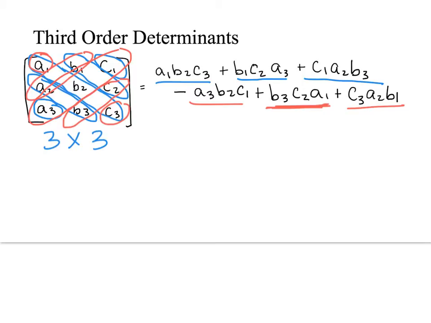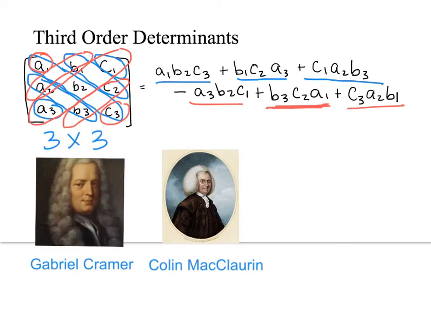Imagine the creativity of the mathematicians that discovered Cramer's rule, to be able to see the patterns in the products of the diagonals and to subtract those products to find constants that then could be used to solve systems of equations. I find that amazing. Cramer's rule was presented in the 1700s, and the two mathematicians that worked on it were these two gentlemen: Gabriel Cramer, who the rule is named after, and Colin Maclaurin.